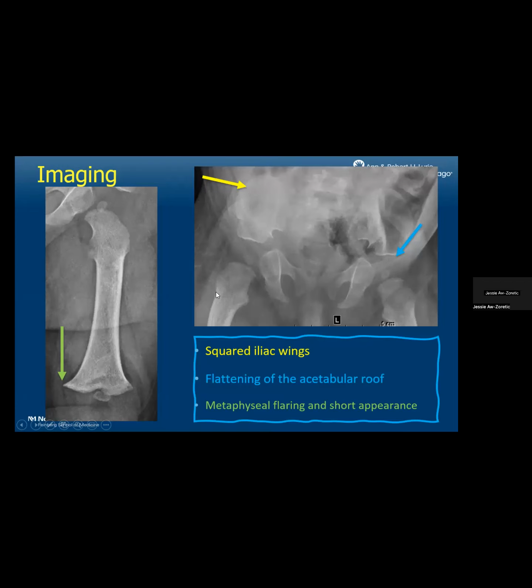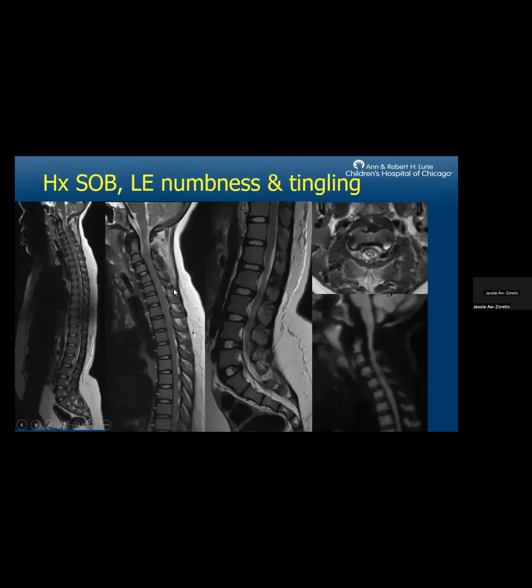And then if we move on to subsequent MR imaging, with those congenitally short, narrowed pedicles, that leads to diffuse congenital narrowing of the spinal canal. And then here, there are anomalies at the craniocervical junction also.